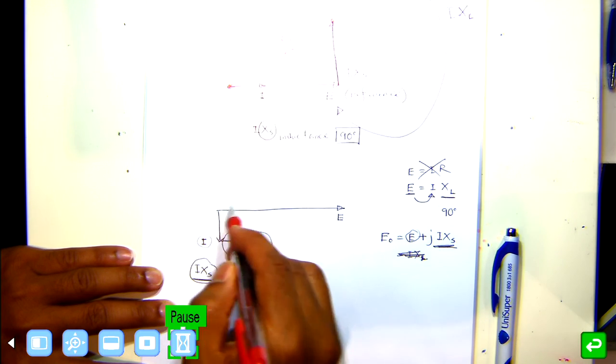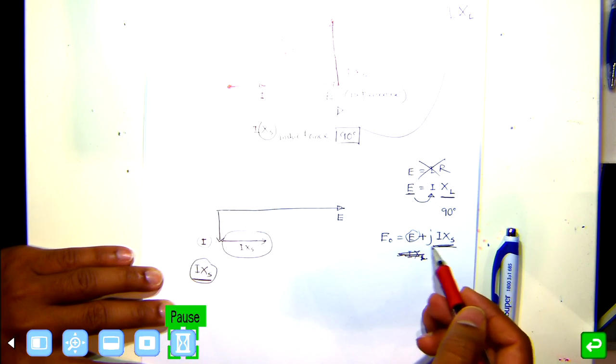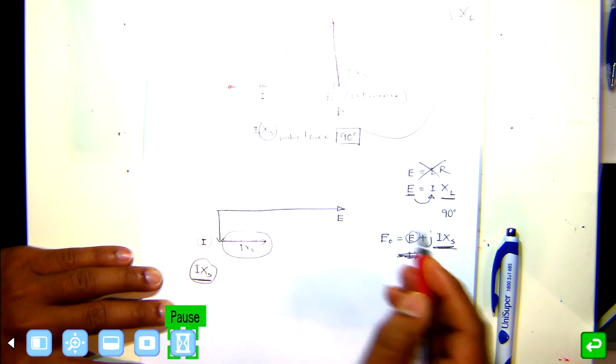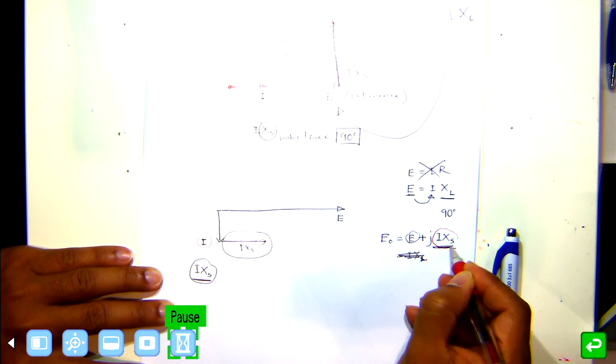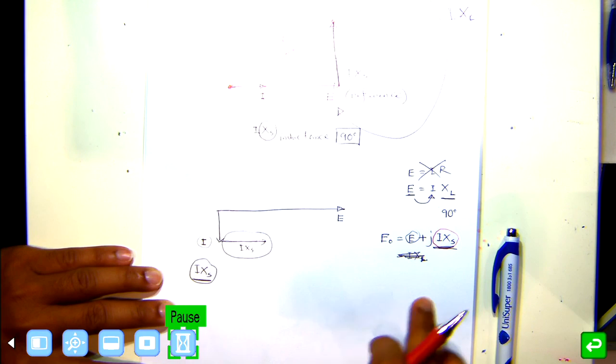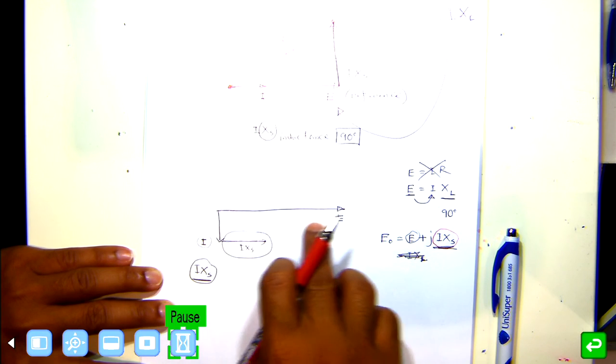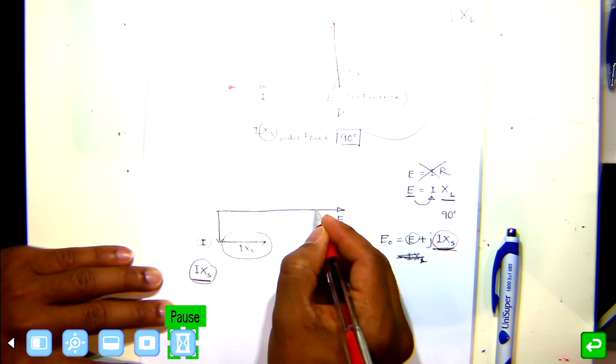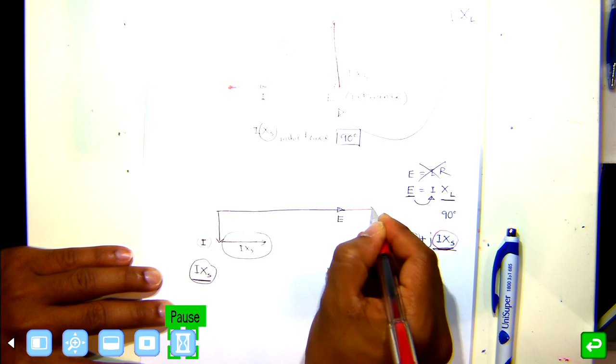According to our phasor diagram or this equation, I have my E, then I have to add this IXS with this E, so this one will actually appear here.